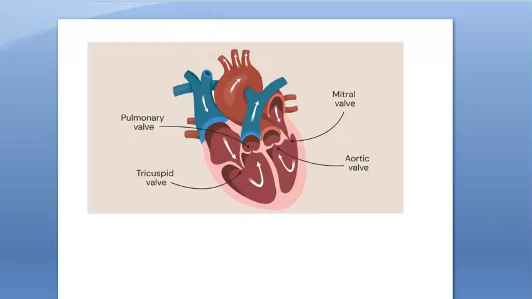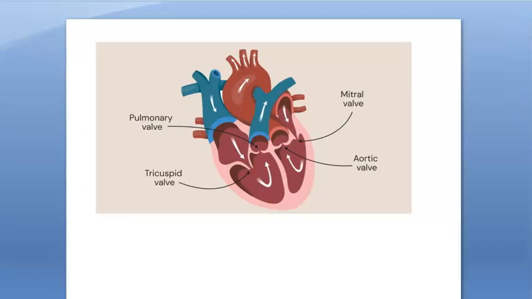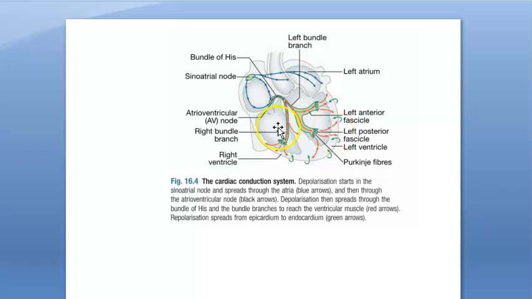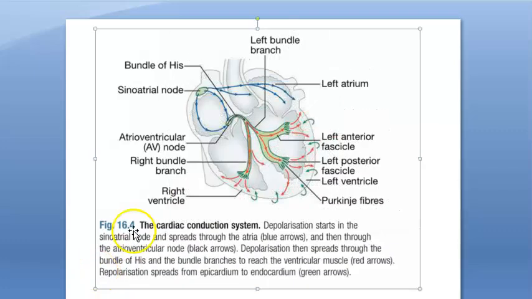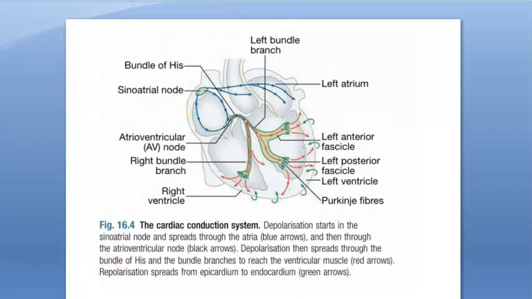Where is the pulmonary valve? Here, right? Now here, pulmonary valve, why will it close late? That means the emptying of the right ventricle happened late. Why is the right ventricle not emptying properly? That is because of right bundle branch block. Okay, so that is the answer that you will say. So here you have the right bundle branch, right? Now this right bundle branch, there's a block, so it is not passing the signal soon to the right ventricle.